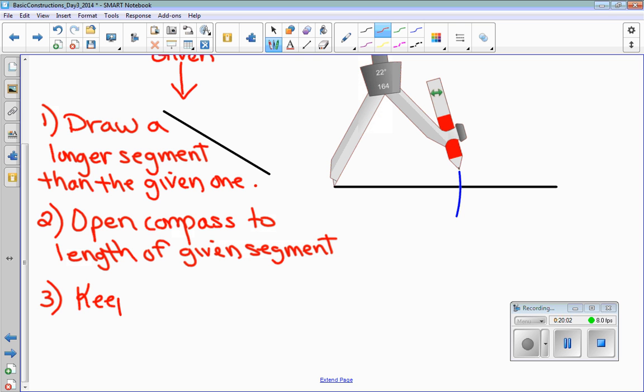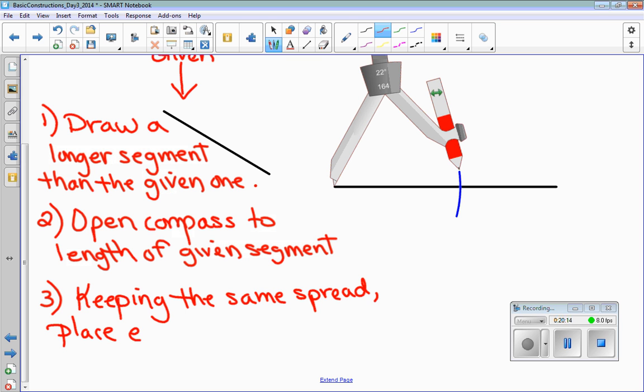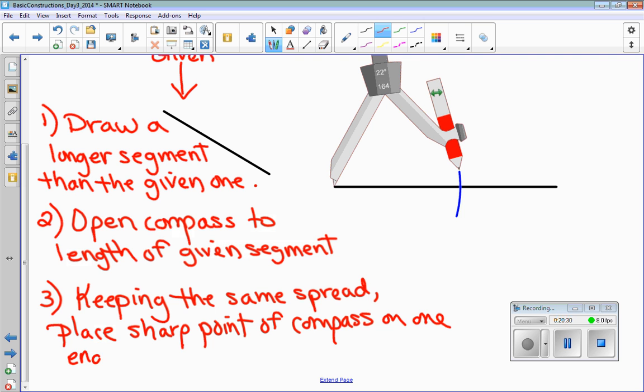So keeping the same spread, place sharp edge of compass on one end point and draw an arc.